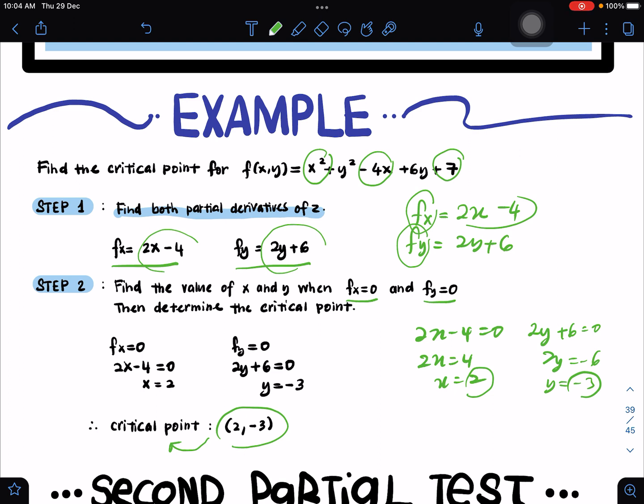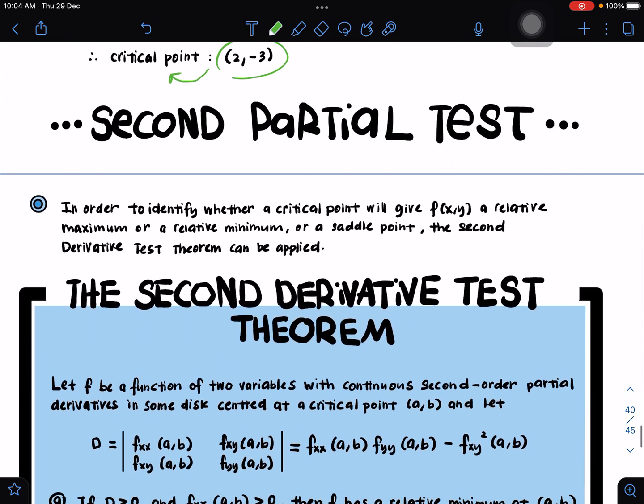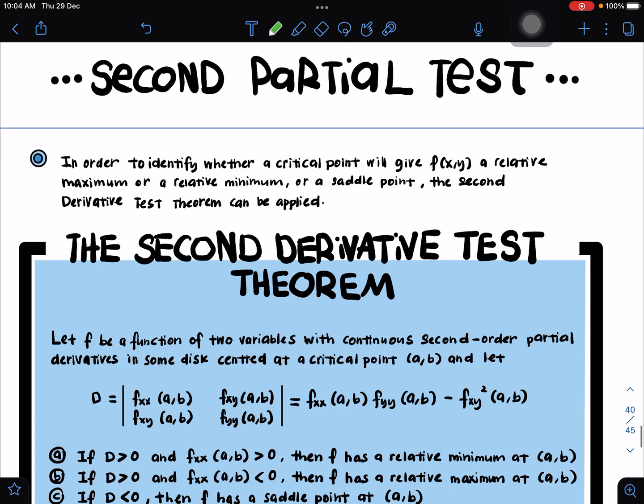Okay, and then after we get the critical point, we will go to the second partial test. So actually the second partial test is just for us to find whether our critical point is maximum or minimum. Okay, so if you see here, in order to identify whether a critical point will give a relative maximum or relative minimum or a saddle point.